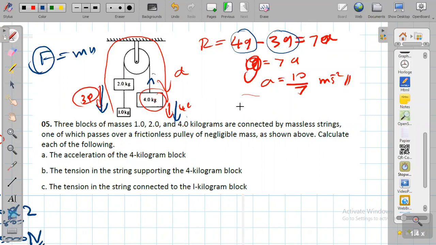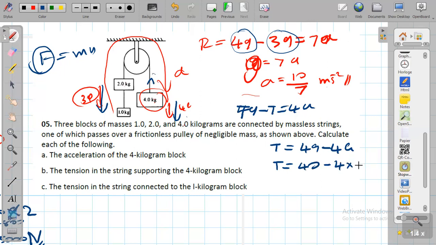Here I can apply 4g minus T equals 4a. We just found T equals 4g minus 4a. T is going to be 40 minus 4 times 10 over 7.